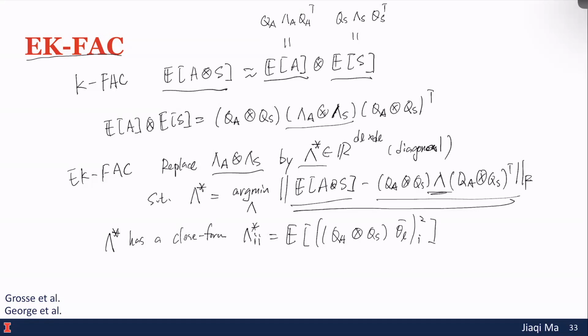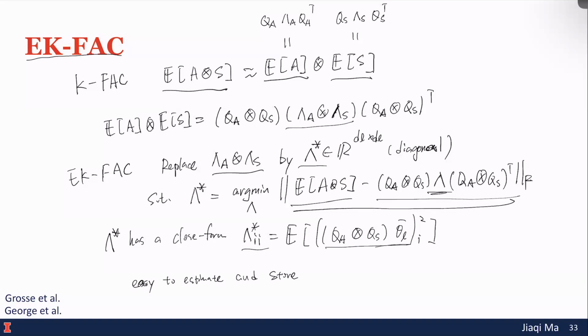So this has a closed form solution that equals the variance of this term. So this lambda star is also easy to estimate. And also it's easy to store because it's a diagonal matrix, so it doesn't increase a lot of computation cost.